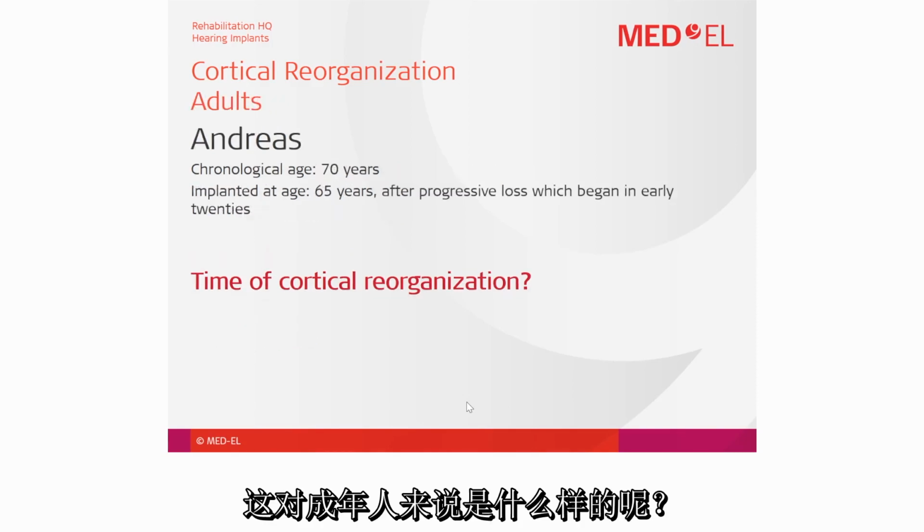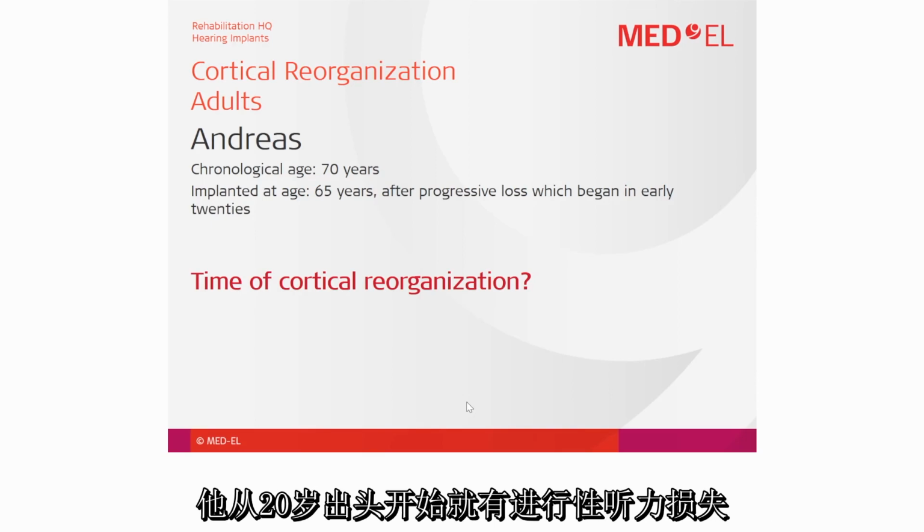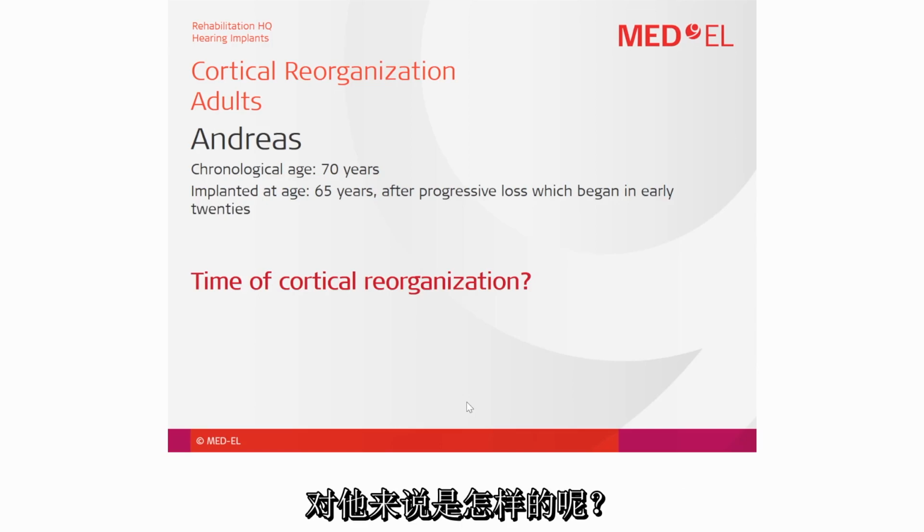What does that look like for an adult? Well, here's Andreas. Andreas is 70 years of age, and he was implanted at the age of 65 years after he had a progressive hearing loss that began in his early 20s. What does that look like for him? Well, that's a much more difficult question to answer, really.